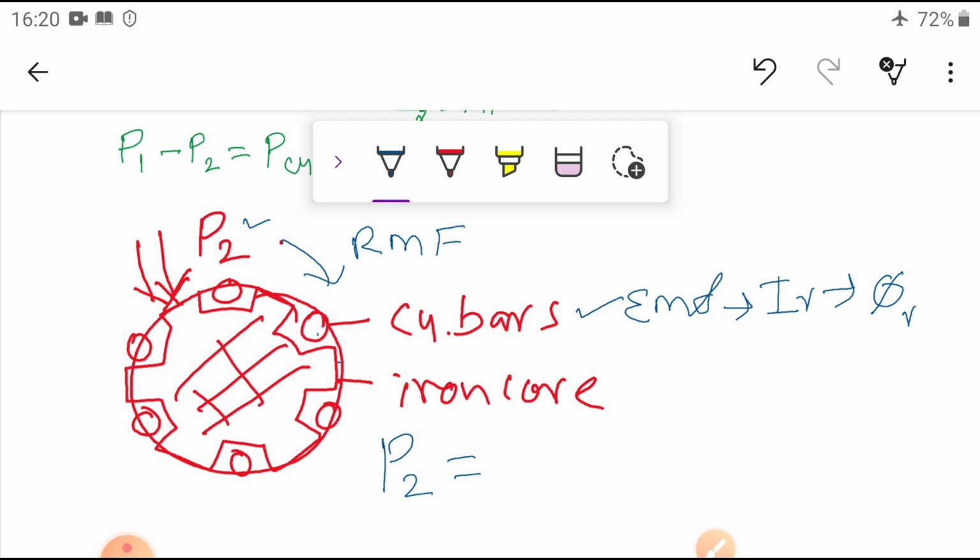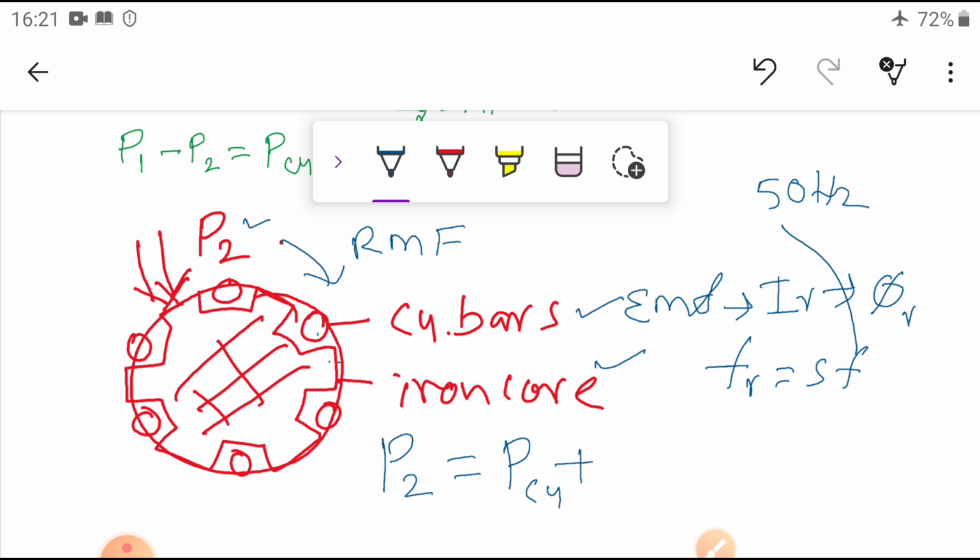Now whatever the power input to the rotor, P2 input is equal to rotor copper losses, plus here it also has an iron core. But what happens under normal condition? The rotor has a very low frequency. Fr is equal to S into F, where F is the stator frequency, 50 Hz.